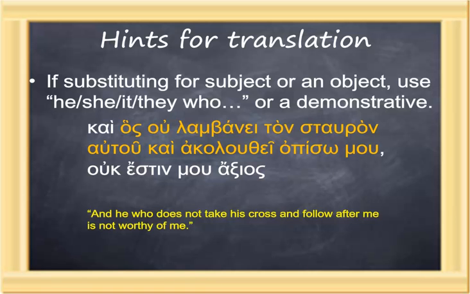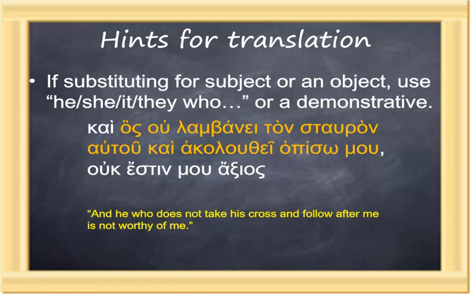Now in place of the he, from the he is, the he, she, or it, the relative clause, hos u lambane ton stauron autu kai akaluthe opissomu, that whole phrase functions as the subject. And it would be translated this way.